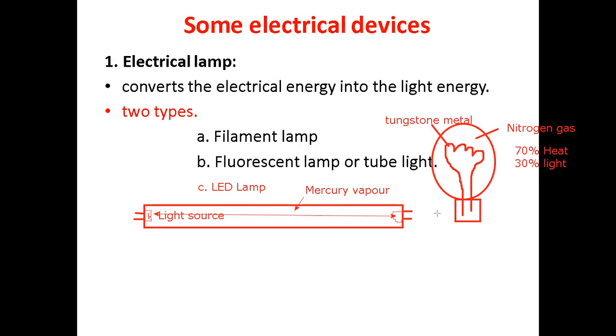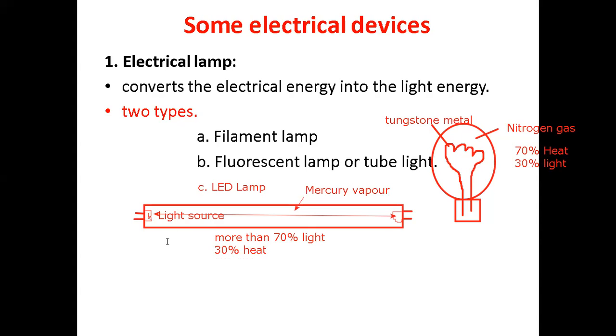It is just the opposite of the filament lamp. That means more than 70% is light energy, and the remaining about 30% is heat energy.